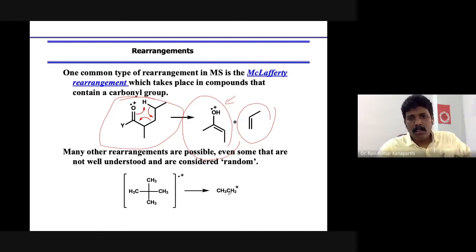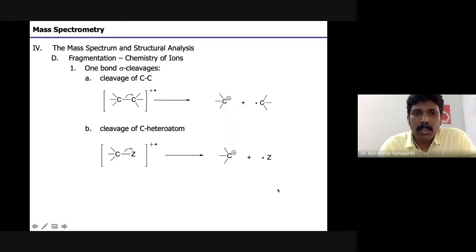This type of molecule will form this type of ethyl carbocation. How do you explain this? None of the rules which I have discussed can explain the formation of this particular thing. Definitely we cannot explain. But something beyond our imagination is always happening in mass spectrometry.